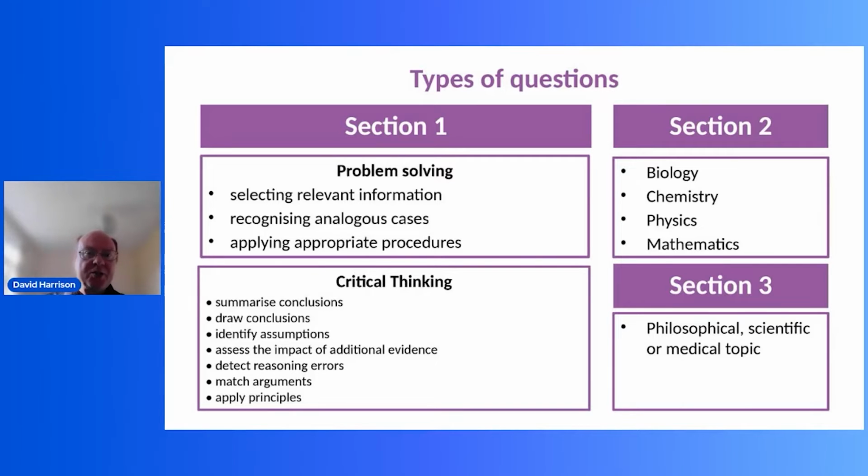As you can see with section 2, it's all about biology, chemistry, physics, and mathematics. And with section 3, the essay questions tend to be on philosophical, scientific, or medical topics. So there's some ethics and morality involved in there, but very much general thinking about things.